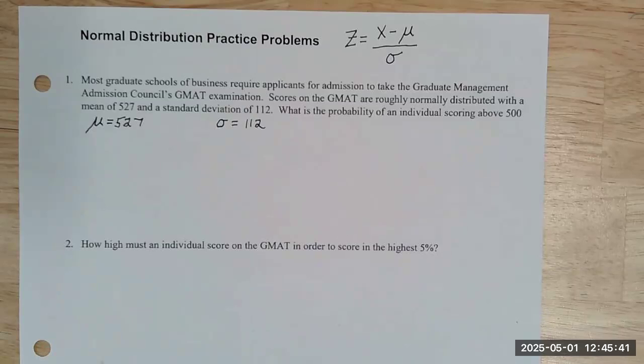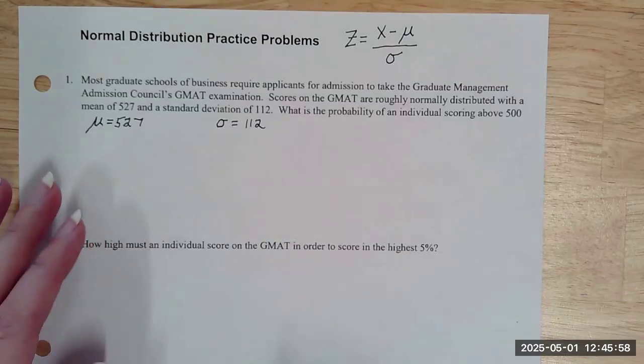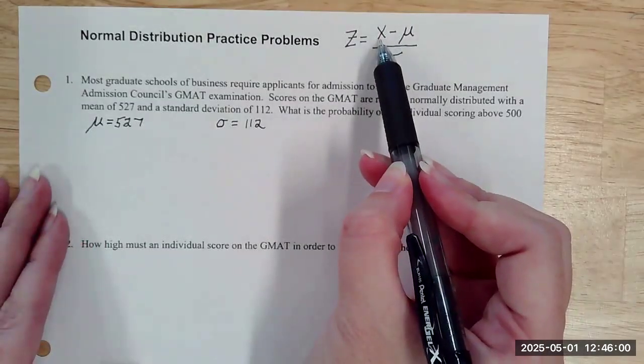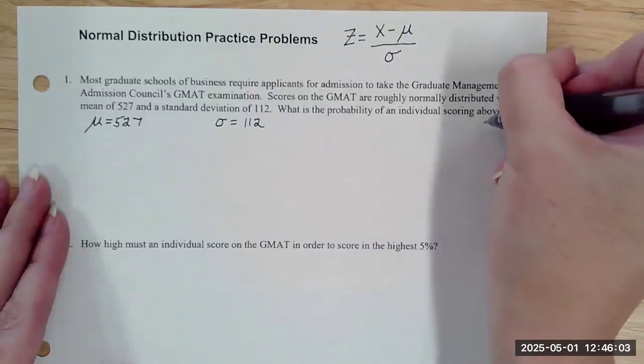Okay. So in order for us to be able to do this, we've got to convert that score that's not standardized into a z-score. And a z-score then lets us use our normal distribution table to come up with a probability. So we're going to use our z-score formula. The x you're going to use is that 500 here.